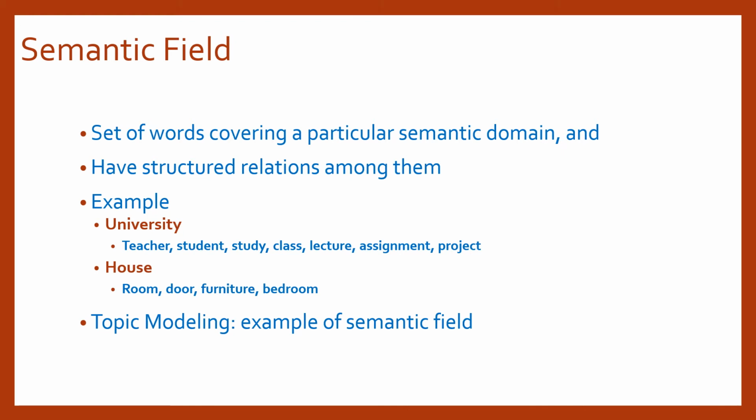That's a more formal and systematic way to understand the semantic field in terms of modeling. But what we mean by the semantic field is a set of words which cover a particular domain and have some sort of structured relation among them.